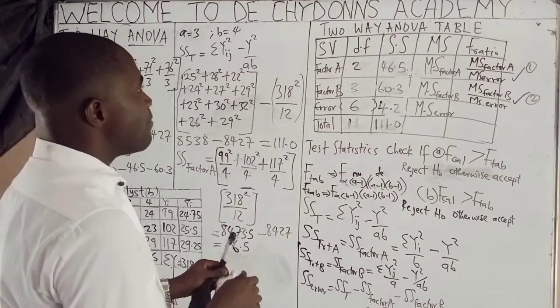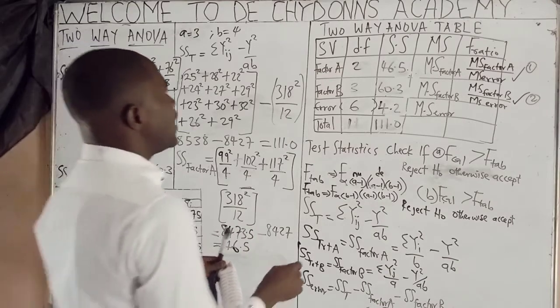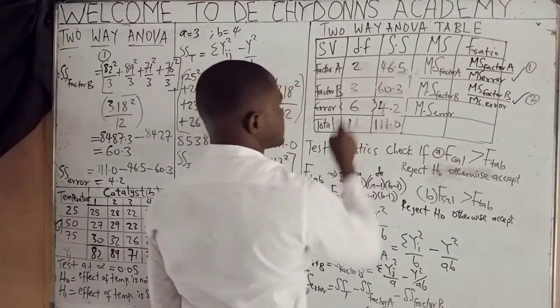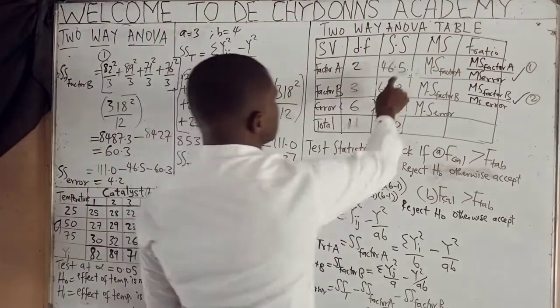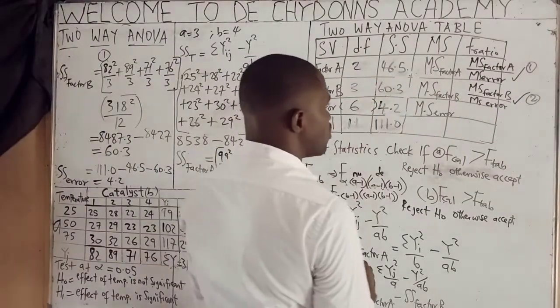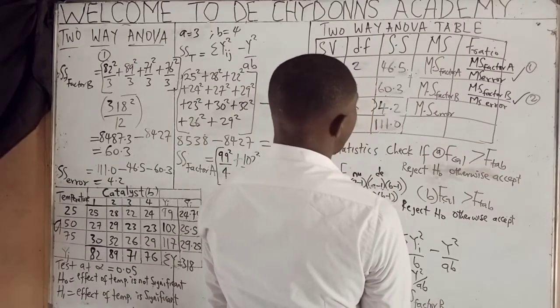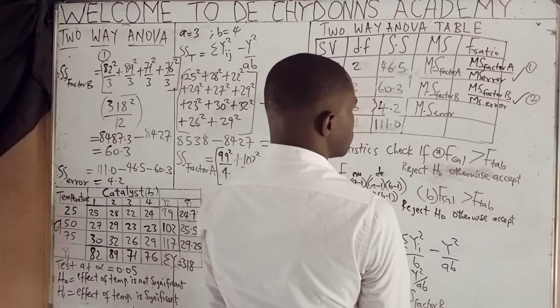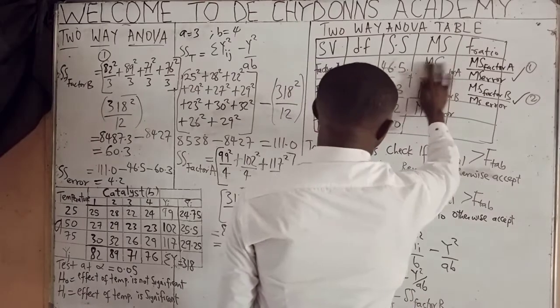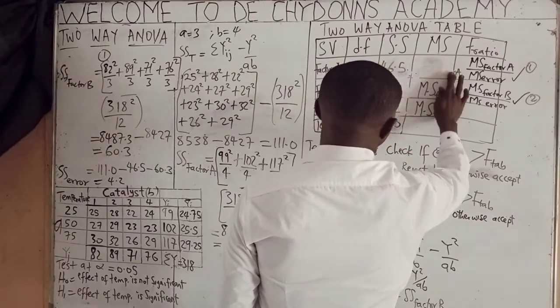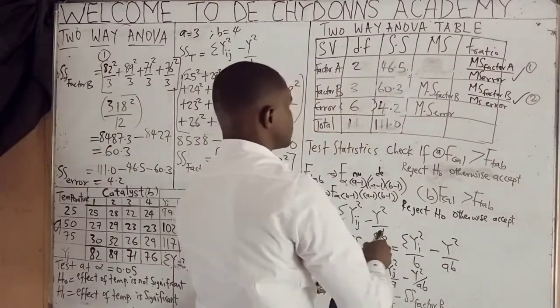What is MS factor A? MS factor A means this divided by this. If you divide this and this, it will be giving you 23.3 approximately. 23.25, that is 23.3.